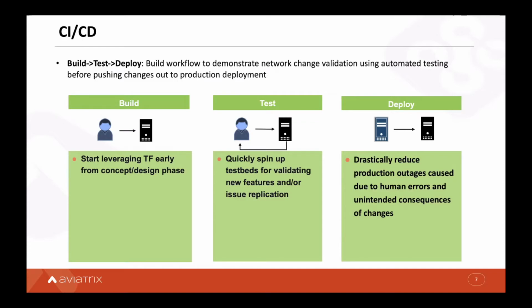So the concept is that before any change is made, before you introduce a new feature in your production network, you can build a replica that mimics your production network and essentially run all your testing on that replica, make sure the changes actually make sense, don't cause any unintended consequences. And once everybody is happy, you are now ready to push those changes out to a production network.